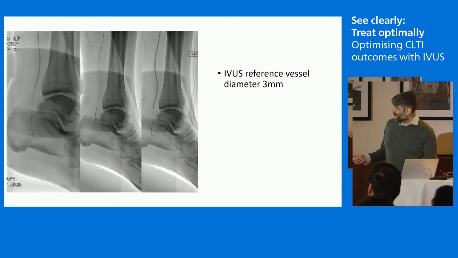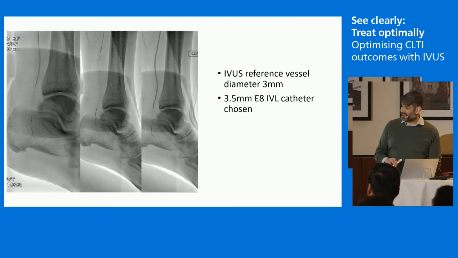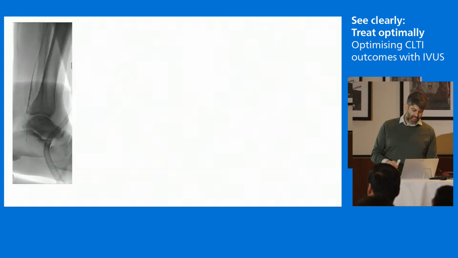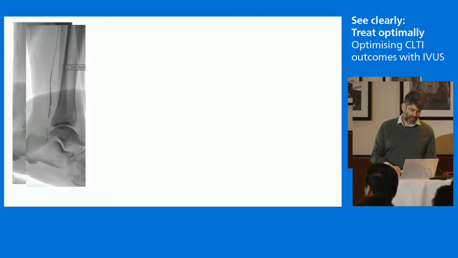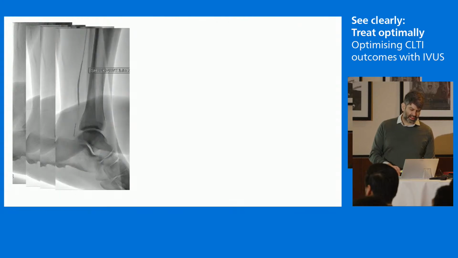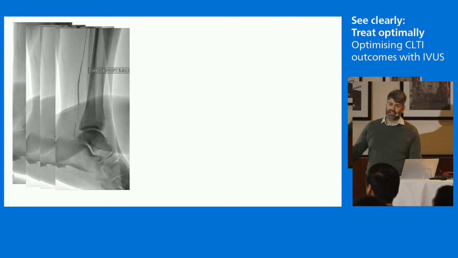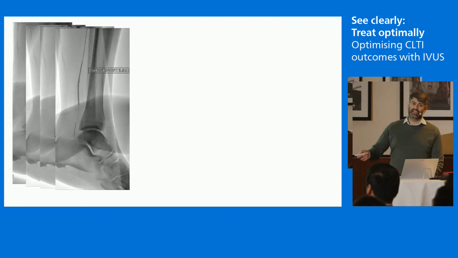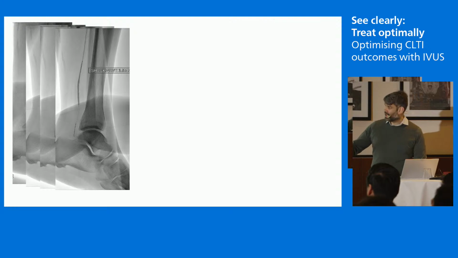There was much more calcium present in multiple locations in the PT, so we chose to use a 3.5 millimeter IVL catheter and use that to deliver the energy all the way down the vessel, as you'll see here, starting from distal to proximal. When you put these IVL catheters in, it's important to definitely work distal to proximal, because once it's inflated for the first time, it'll be more difficult to track it through lesions.